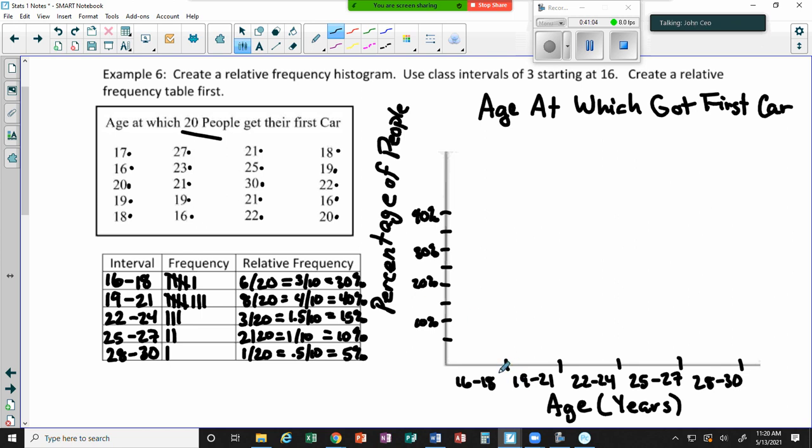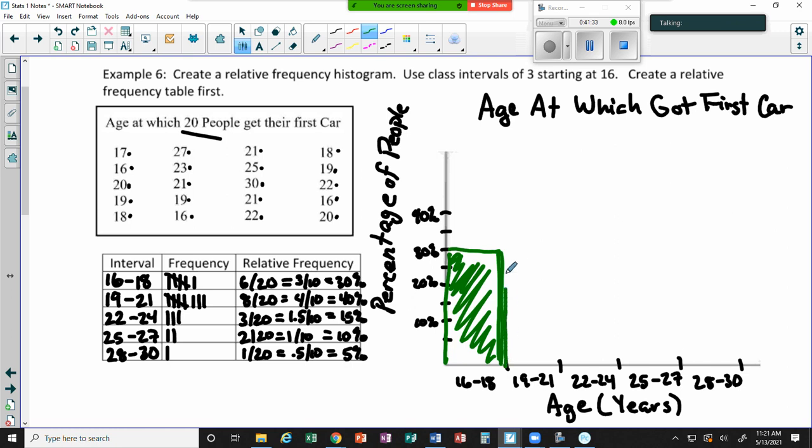All right, so for 16 to 18, I need to go where? 16 to 18 is up to what? 30%. Throw that in. 19 to 21 is at what? 40%.